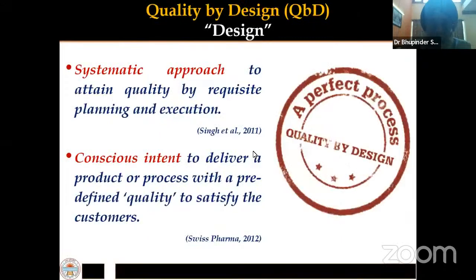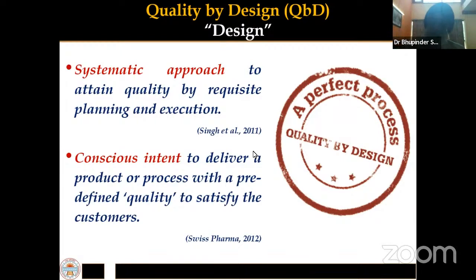So this is design. In day-to-day life also we say that guy, or that politician, doesn't have nice designs. Designs means intent. Designs means plans. Designs means the thoughts, the plan, the strategies.